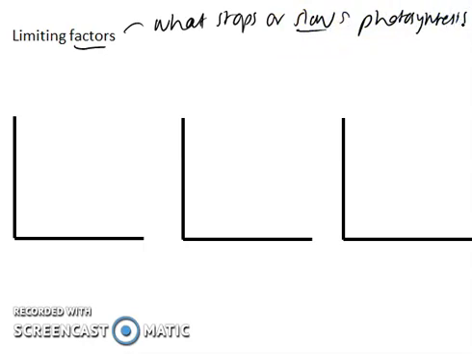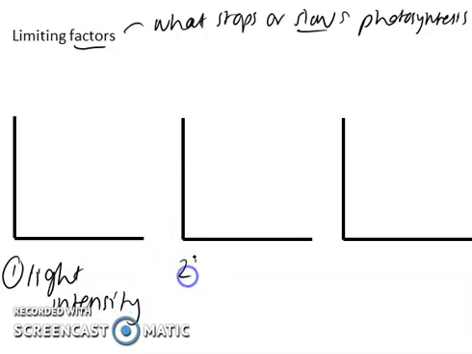That's what this means, okay? Limiting factor is just something that limits the rate of photosynthesis. So the first limiting factor would be light intensity, okay, because we know we need light energy. The second limiting factor could be carbon dioxide concentration.